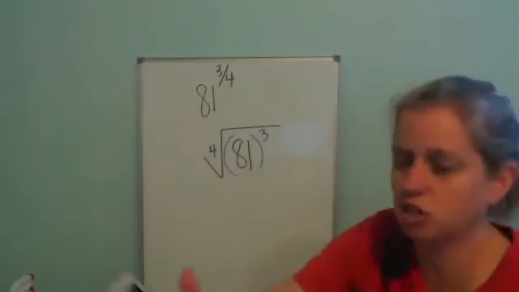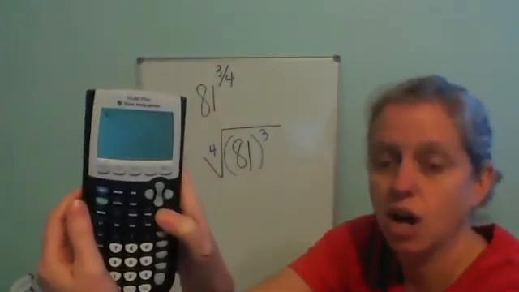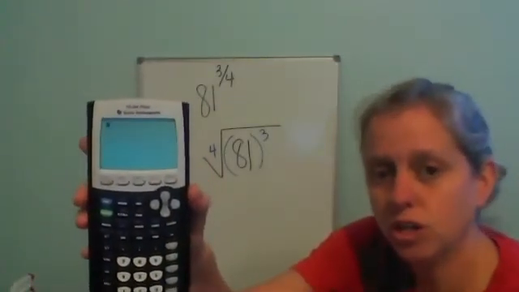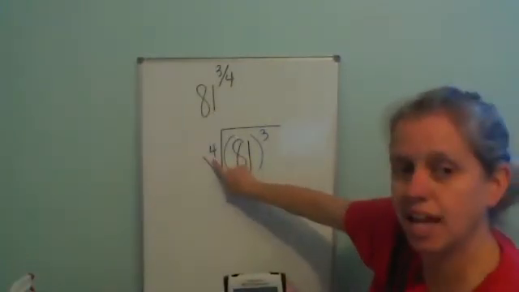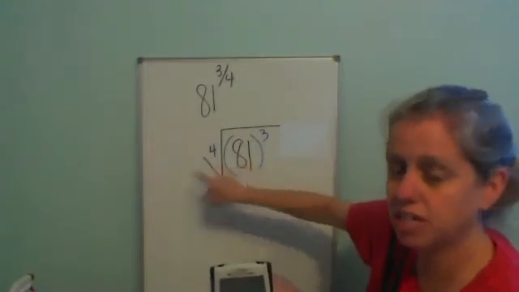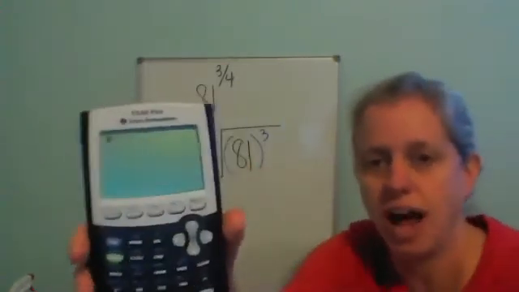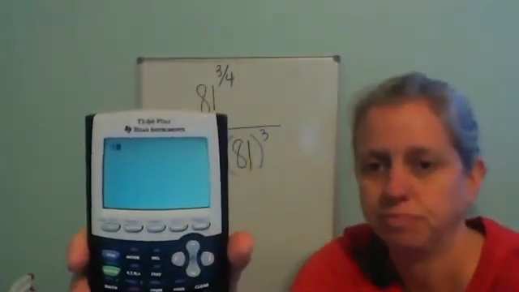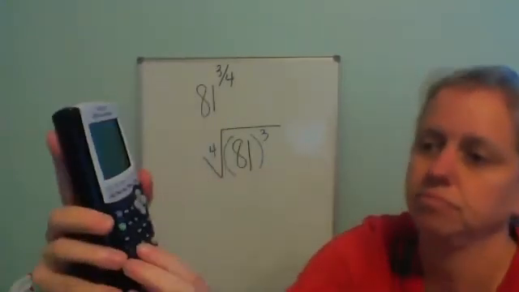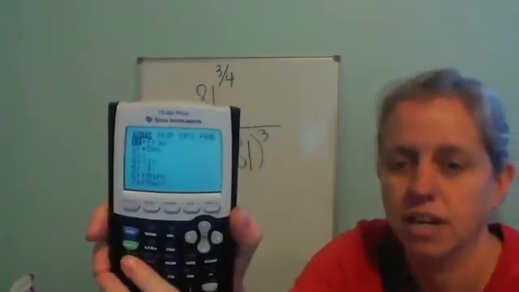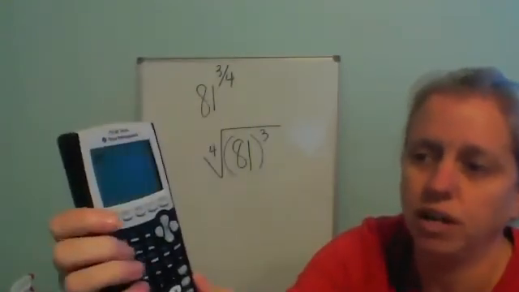Now, here's the trick. Clear this. Before you hit the math button, hit whatever number you want to be in that little x spot. So you want to type in 4th root. So watch what happens if you hit the 4. Now go to your math button. Go down to the 5th one.